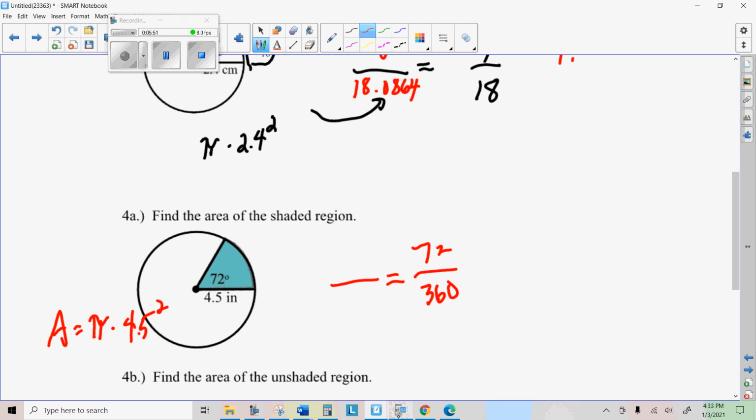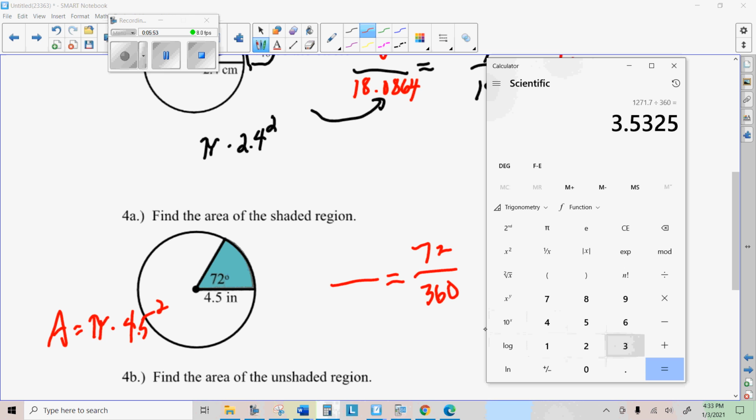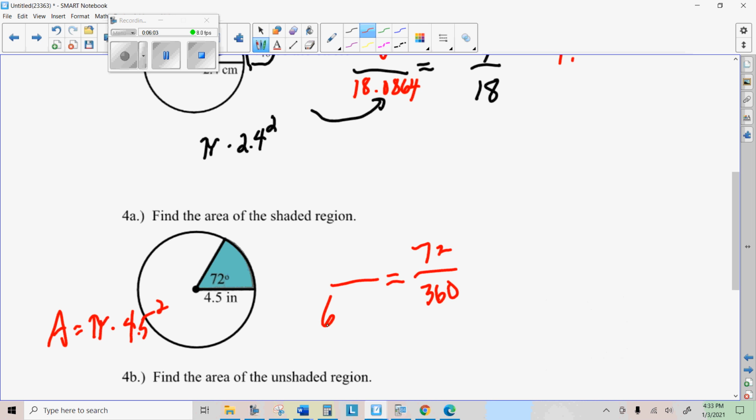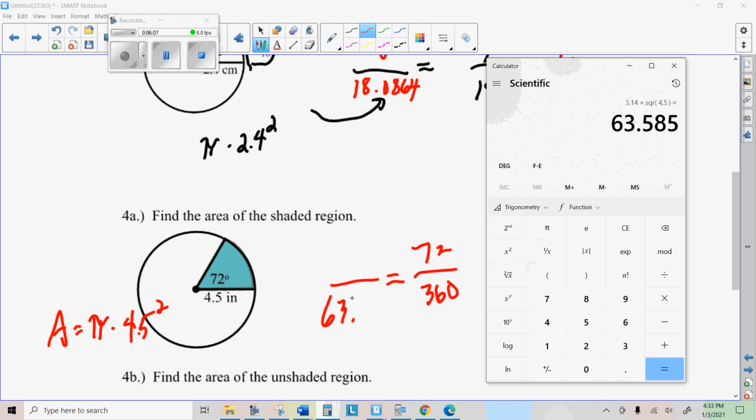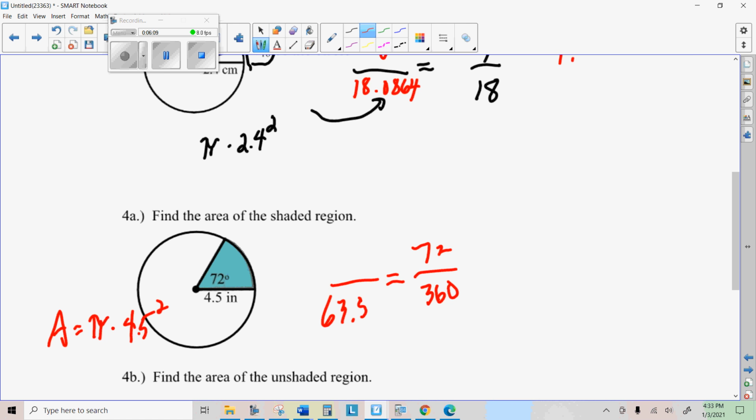So 3.14 times 4.5 squared, which is about 63.585. Those are the numbers you want to use in your proportion. You can go ahead and finish that up.